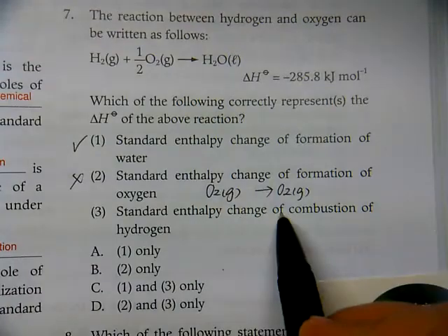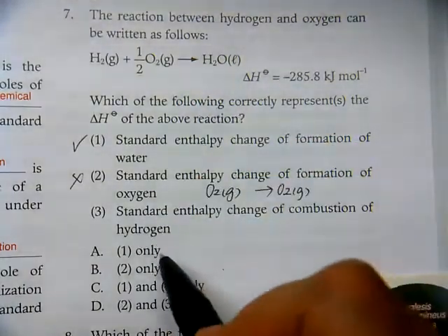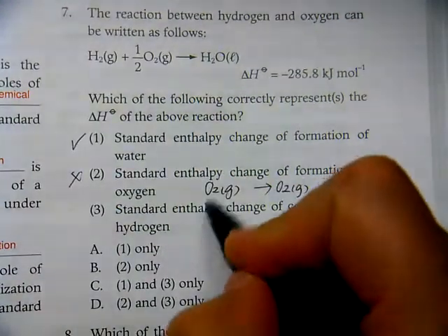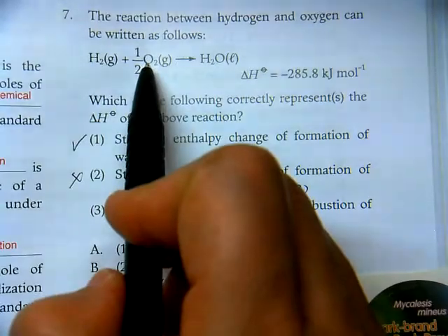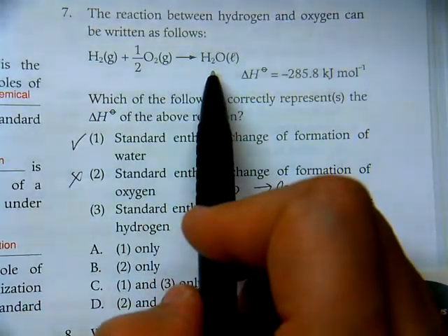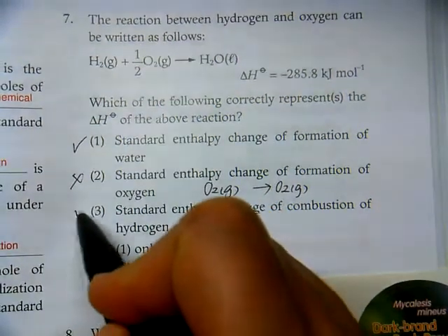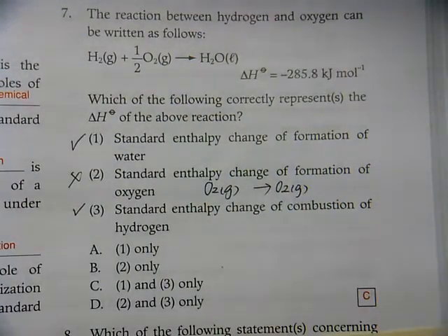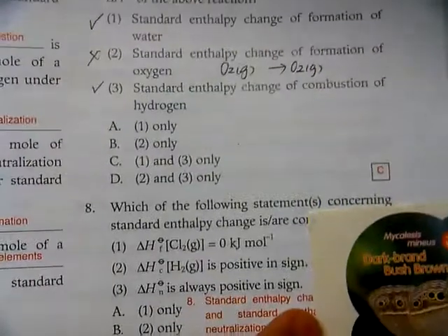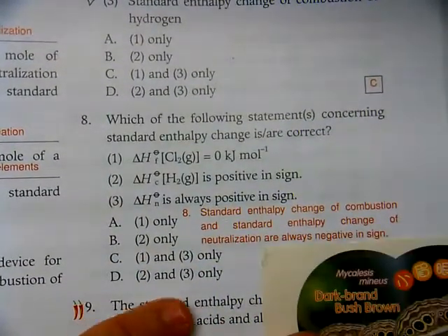Standard enthalpy change of combustion of hydrogen: it is the enthalpy change when 1 mole of hydrogen is burnt completely in oxygen under standard conditions. Therefore, they share the same equation. So 3 is also correct. Therefore, the answer is C. Can you follow? Okay? We call the definition very important.